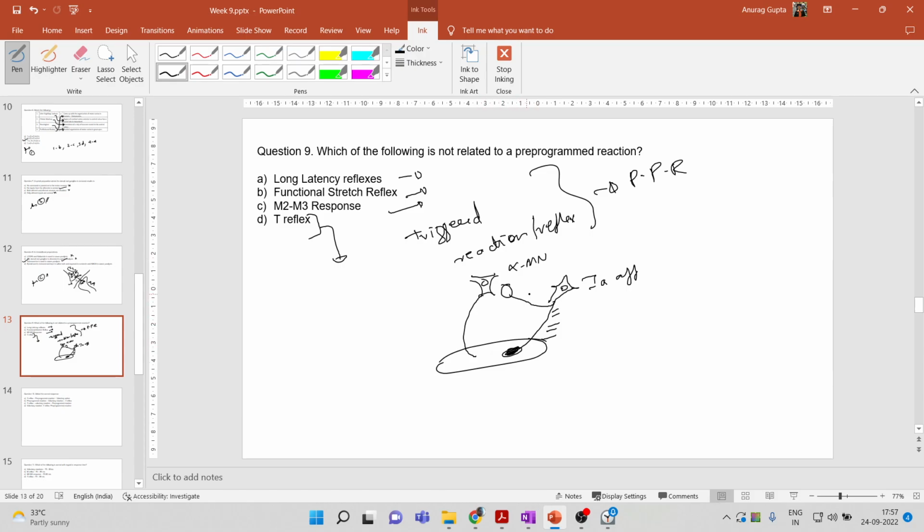So hitting the tendon, the action potential travels along the 1A afferents through the synapse to the alpha motor neuron and then back to the muscle, causing a contraction. So this is a T reflex. This is a monosynaptic reflex, and the response is stereotypical. It's mostly the same. So the answer is D, because it's a monosynaptic reflex, not a pre-programmed reaction.